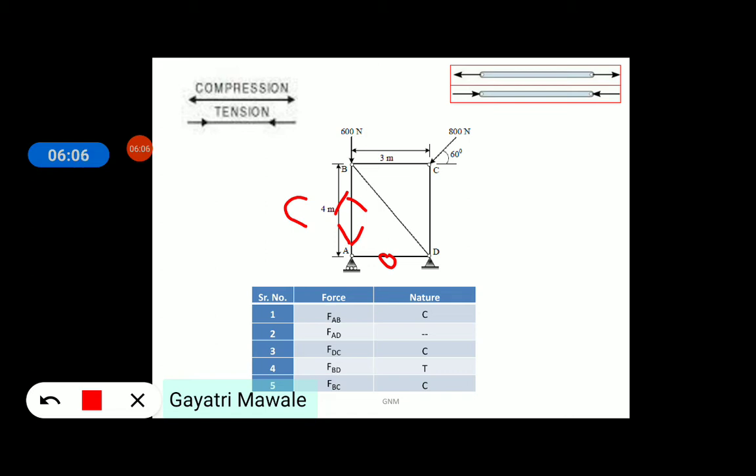Force in the DC member is again compressive, so FDC can be shown with two arrows going away from each other. Force in the BD member is tensile in nature, and it can be shown by two arrows coming towards each other like this.